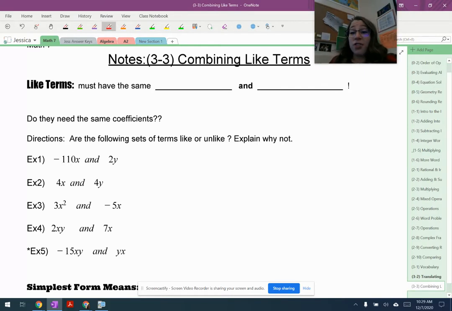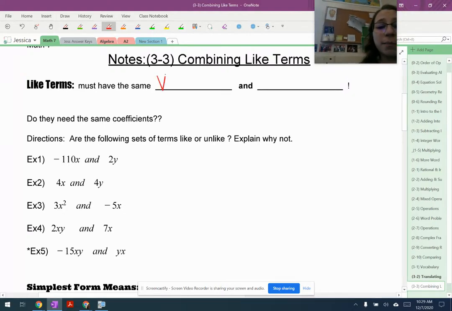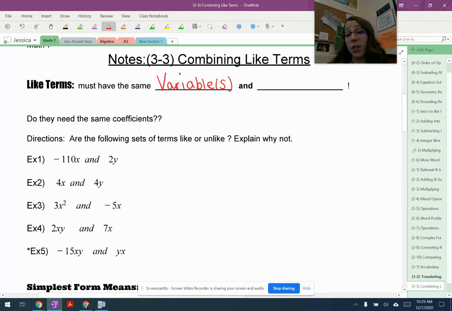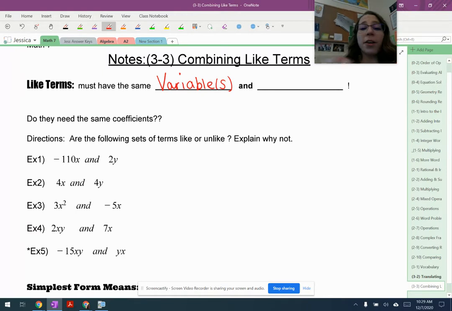So from our definitions from 3-1, you should know that like terms must have the same variables. And again, I put that S there because it could be one variable or it could be multiple ones. Must have the same variables and the same exponents.